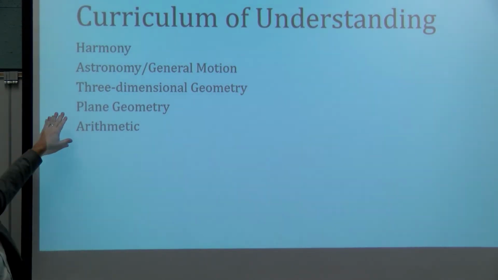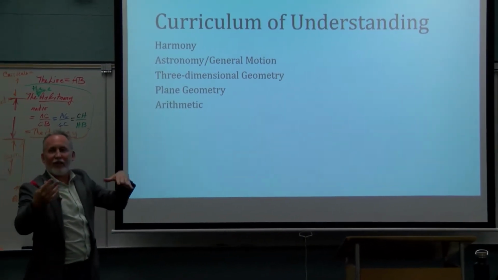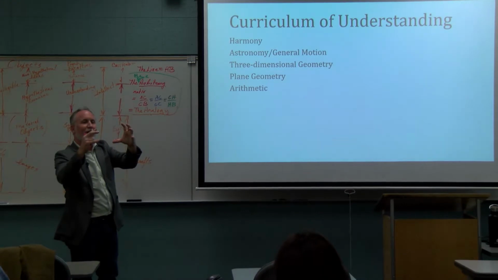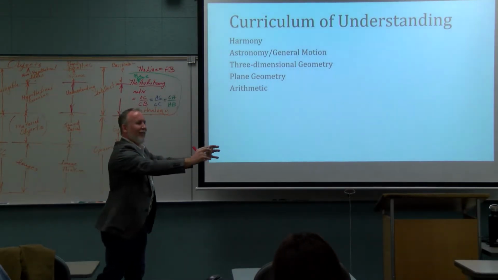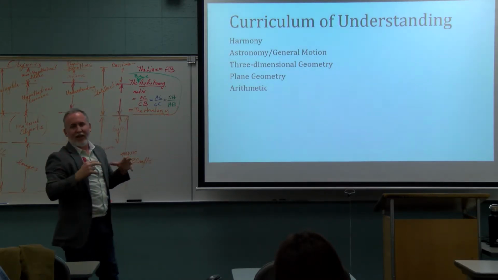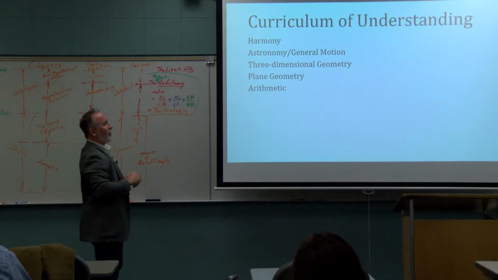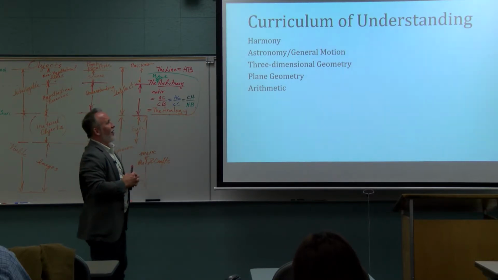Plane geometry is 2-dimensional geometry, then 3-dimensional geometry, and then astronomy, the way that Socrates describes it, is taking 3-dimensional geometric objects and putting them in motion and studying motion, the very concept of motion, which we today would think of as physics, which really didn't come to fruition until the time of Sir Isaac Newton, right?